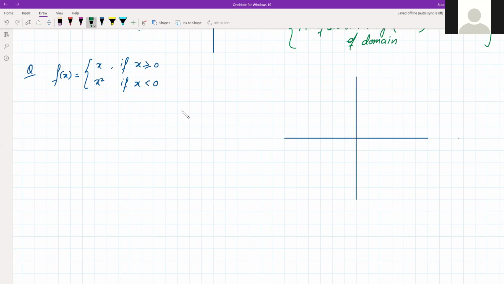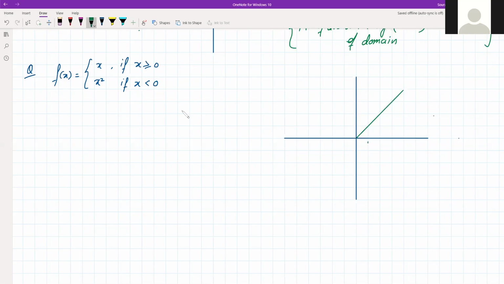When x is greater than or equal to 0, y equals x. So that is actually a straight line. By now you must be aware of such simple functions, that it will be a straight line. So this is our graph, y equals x.